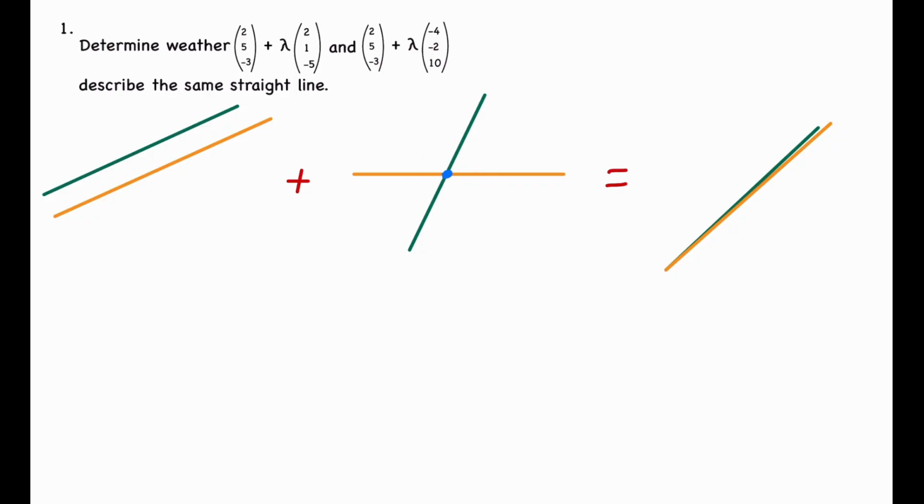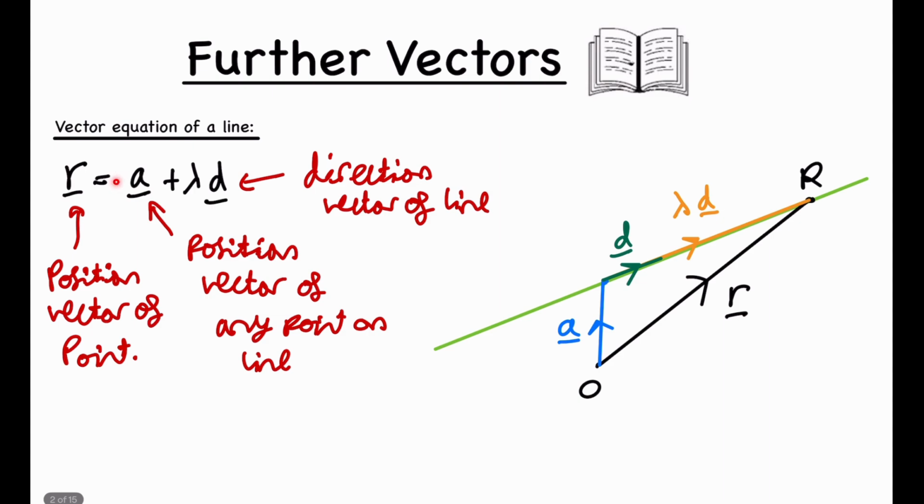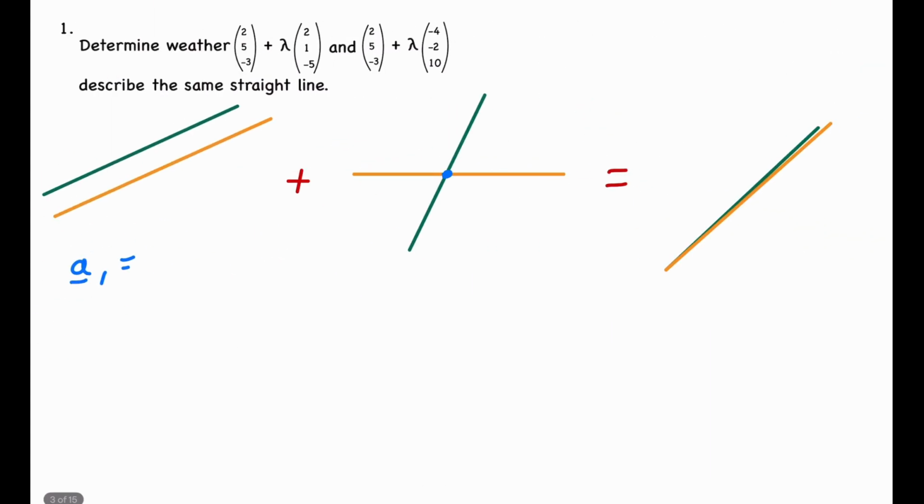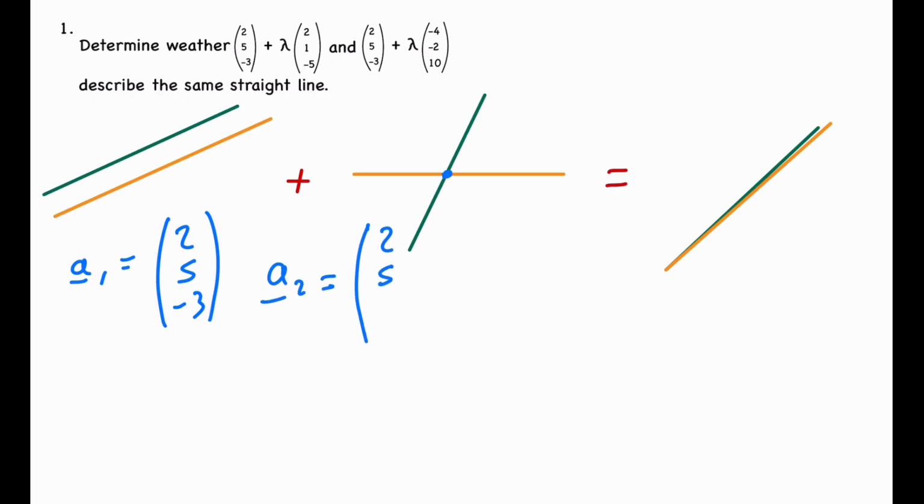So let's look at the position vectors of a point on each line. Our a1 is (2, 5, -3), and our a2 is (2, 5, -3). We can see that both of these are the same, so they do intersect at one point. So we've covered this part.